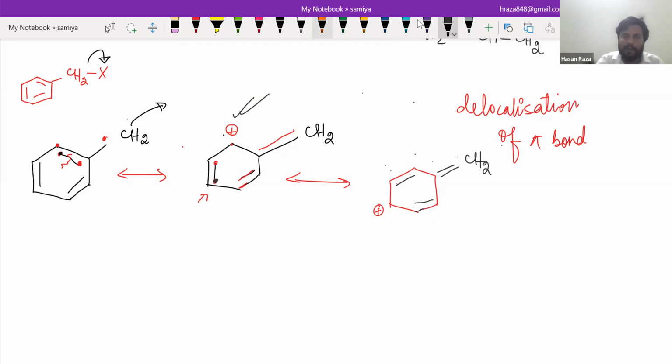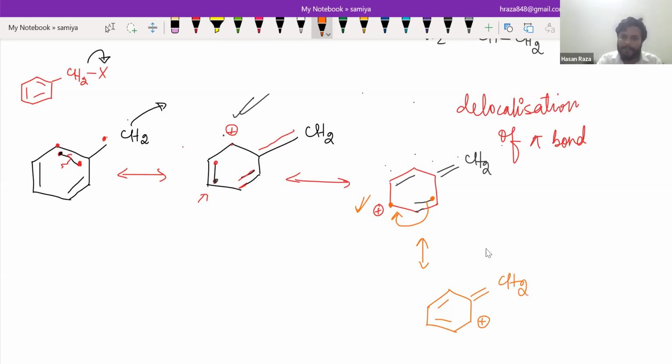Now again, what you are doing is moving this bond to this. So you can see this electron will be moving to this carbon. There is already a positive charge. There will be a negative charge because this electron is moving to that. So positive and negative will be cancelled, and the bond will shift itself to here, and you can see there will be a positive charge because it loses its electron.